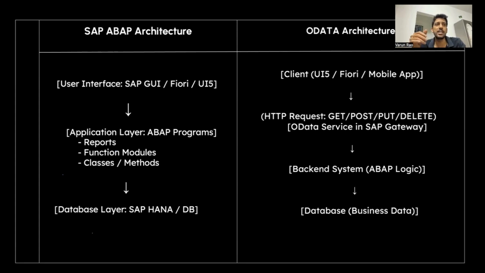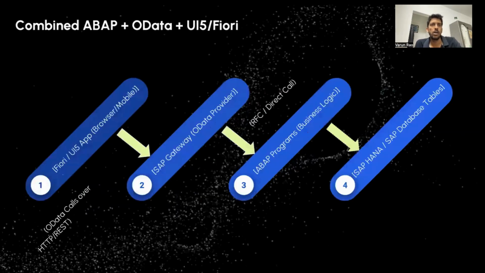Here the information that we need is fetched from the backend, that is, from the ABAP part, where the information is already pre-developed in ABAP, and all that OData has to do is consume. And this goes into the database where your business data gets recorded.